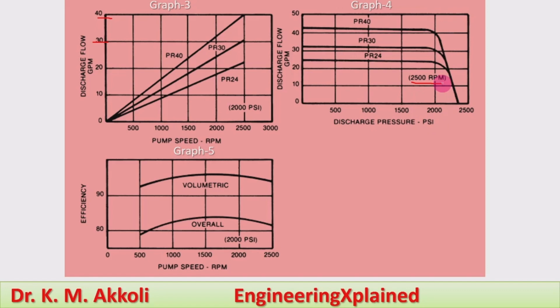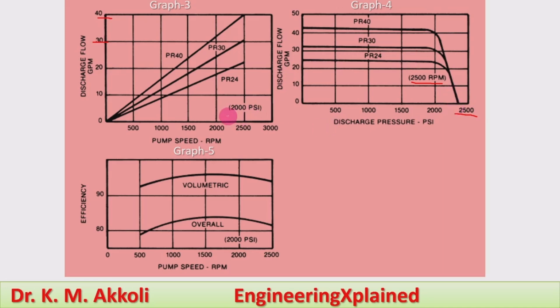After 2000 psi pressure, a drastic decrease in the flow rate takes place, and it reaches a minimum below 2500 psi pressure. In the radial piston pump, it is not possible to deliver at higher pressure.